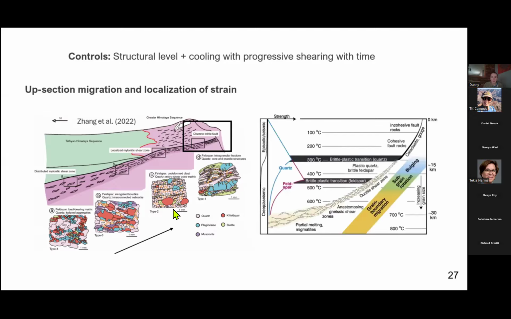This is consistent with the expected behavior of a deformation zone as the ductile and brittle transitions of the constituent deforming minerals are reached with decreasing temperatures. So the controls of this upsection migration here are the structural level and cooling related to progressive normal sense shearing on the South Tibetan detachment system with time.